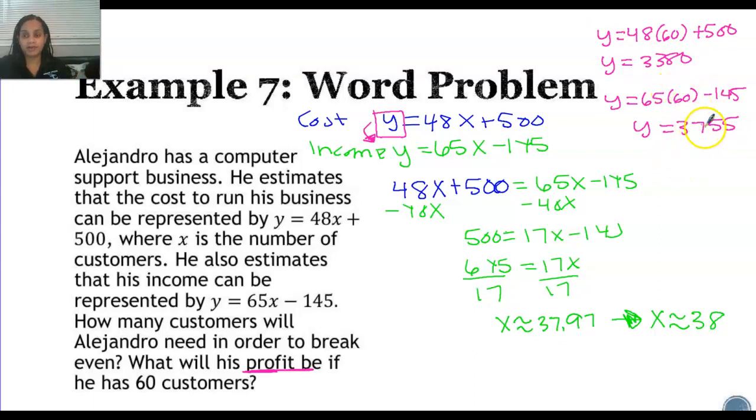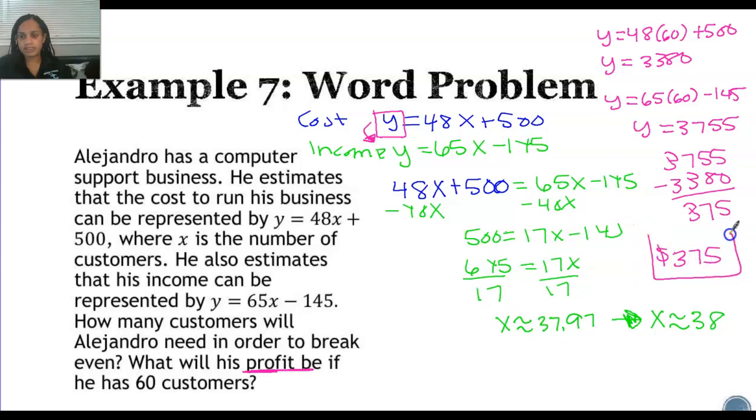So to find the profit, you have to subtract these two. 3,755 minus 3,380 equals 375. So he would make a profit of $375 if he served 60 people. Not sure how I would feel about that if I was him. That's a lot of hard work.